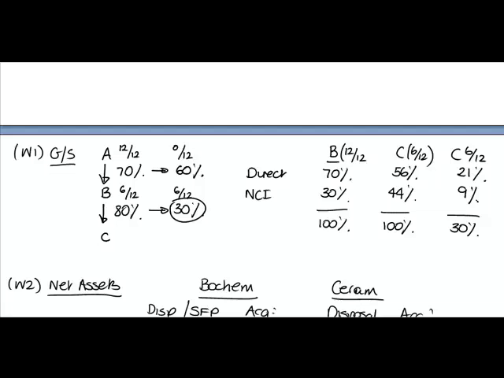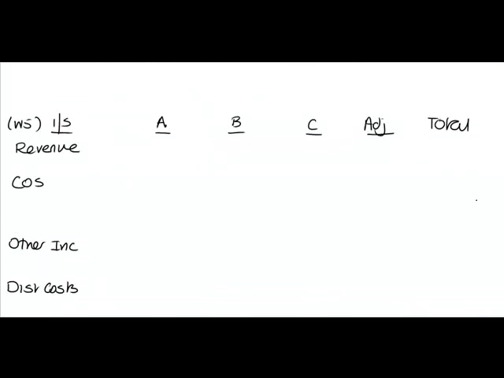So that's dealt with that particular information. So when it comes to allocating and doing our calculations in the income statement, I'm only going to consolidate Ceram for 6 months of the year.